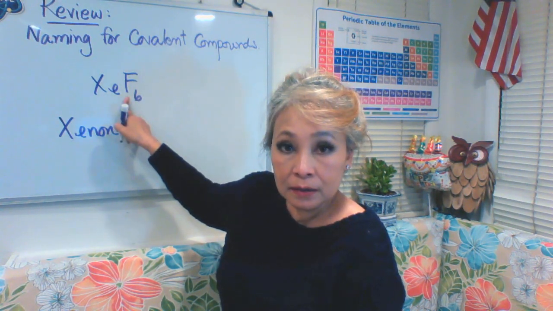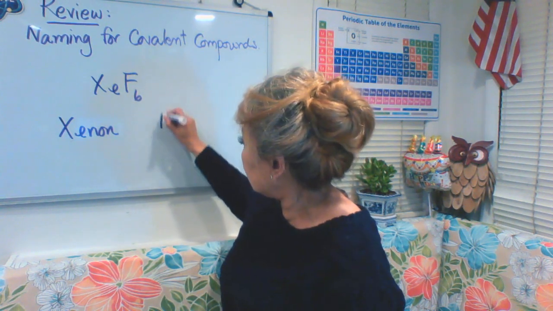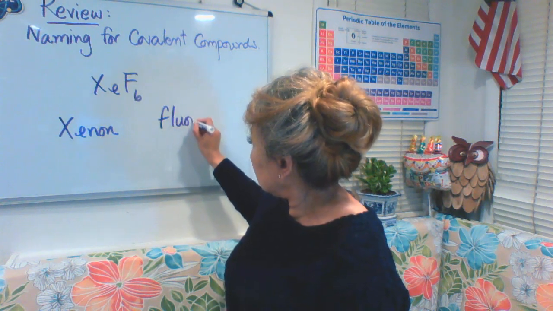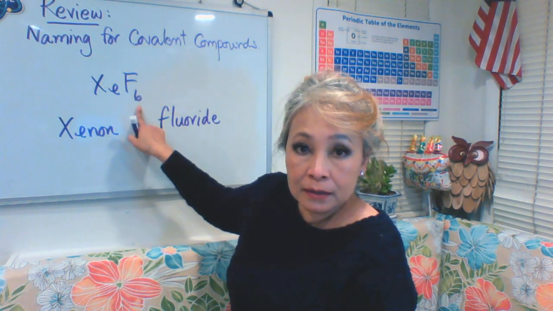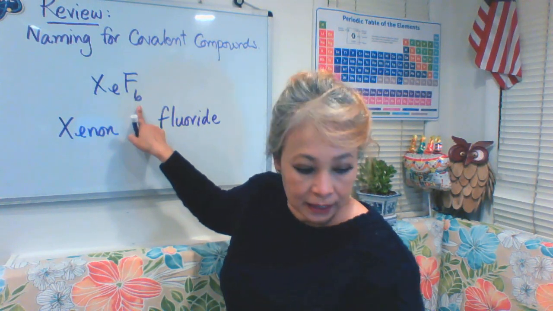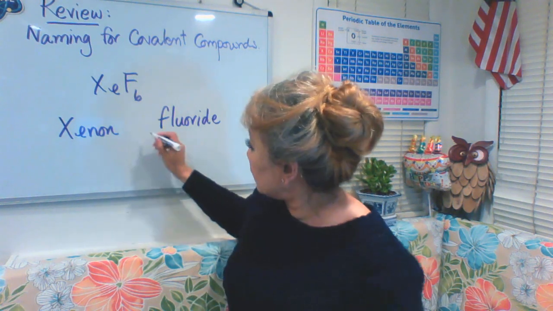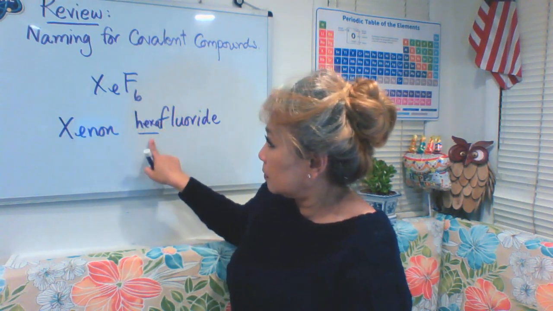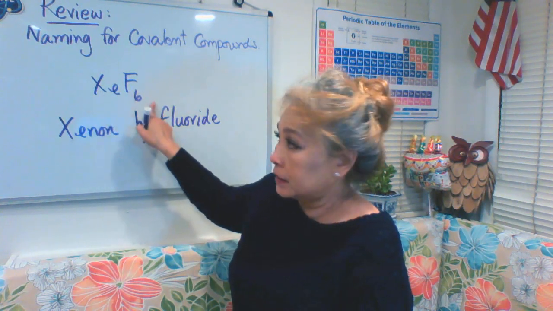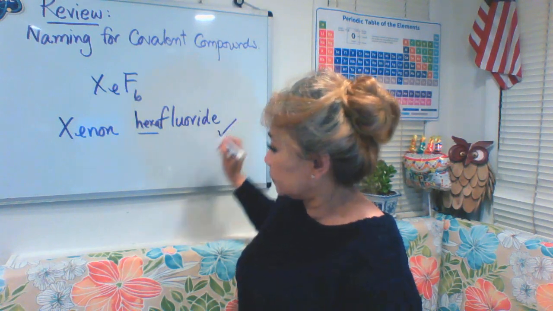Now, the second element, what is that? Fluoride. Write down. How many atoms? 6. What is the prefix for 6? Hexa. Write down. XeF6 is xenon hexafluoride.